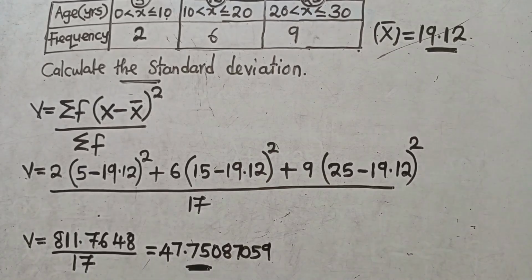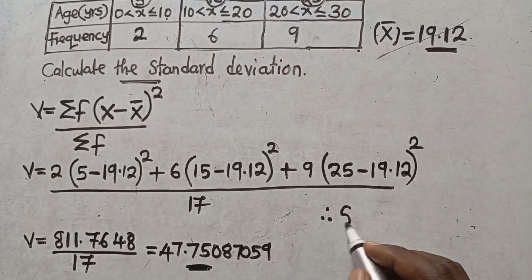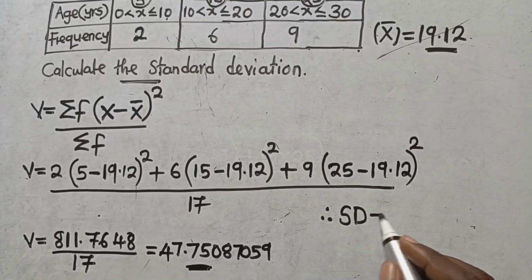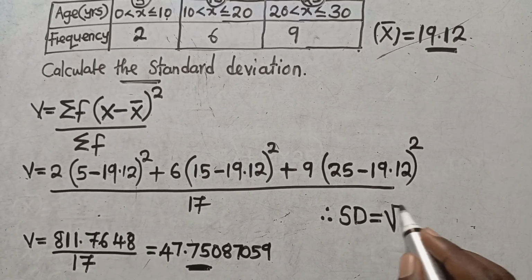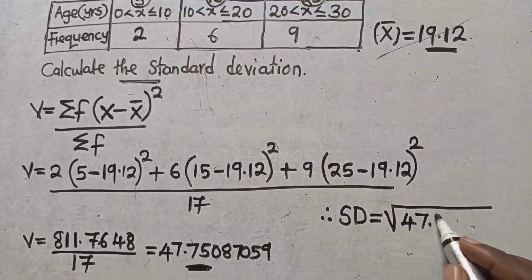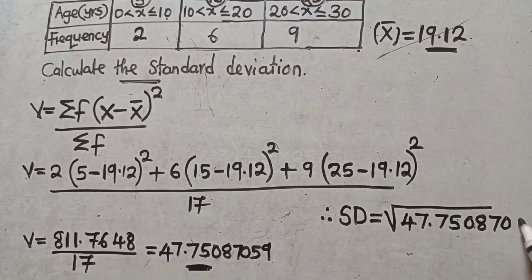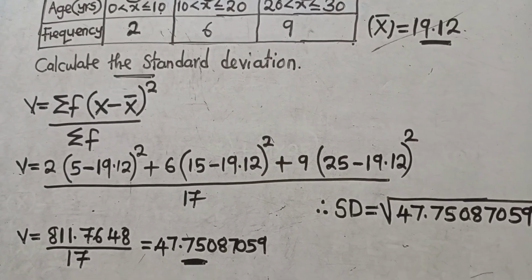After you find the variance, you now say, therefore, standard deviation. You were told to find the standard deviation. Standard deviation is equal to the square root of the variance. So I find the square root of 47.75087059.